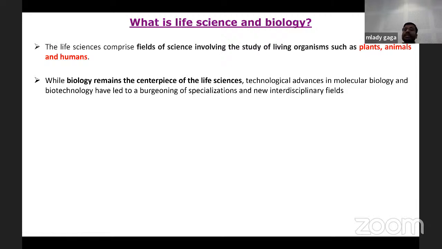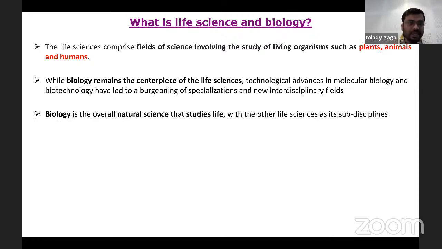It mostly deals with technological advances in molecular biology and biotechnology, and that's how it builds specializations in new disciplinary fields. Biology is the overall natural science of studying life, while other life sciences are subdisciplines, so they are a part.